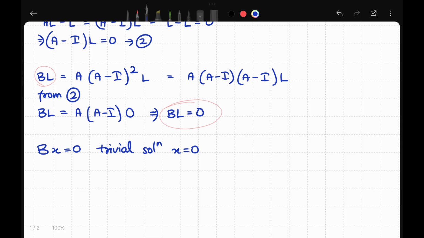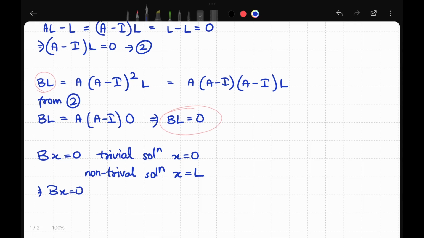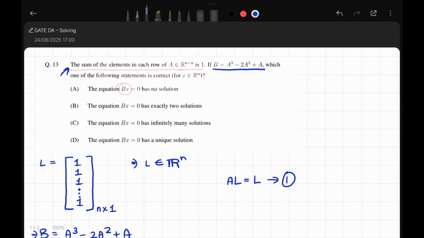But we have also found this non-trivial solution x equals L, right? And what does this mean? This represents the null space of B, which is non-trivial, right? So if the null space is non-trivial, then the equation Bx equals 0 has infinitely many solutions.